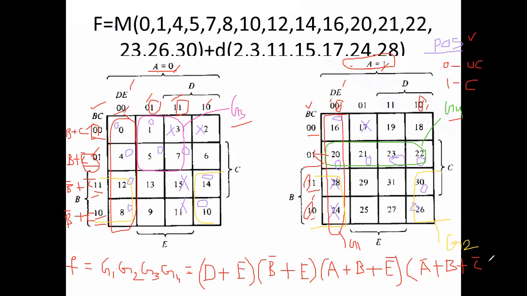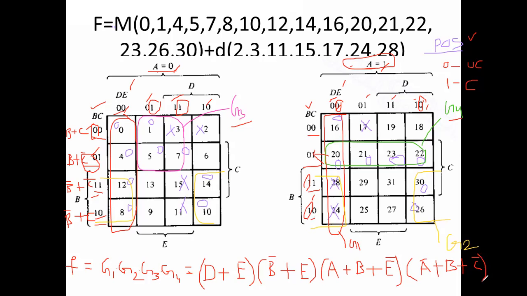What about the D and E variables? This group 4 belongs to all combinations for DE: 0, 0, 0, 1, 1, 1, 1, 0. That is, 0, 0 means D plus E; 0, 1 means D plus E bar; 1, 1 means D bar plus E bar; 1, 0 means D bar plus E. Totally, multiplying them, here we are getting 0. So that means the D variable, E variable is not getting.